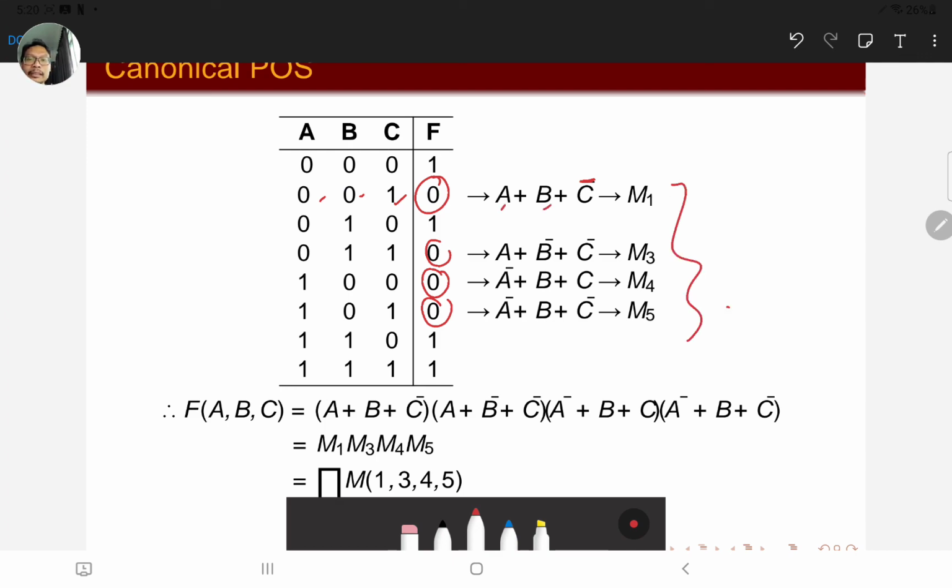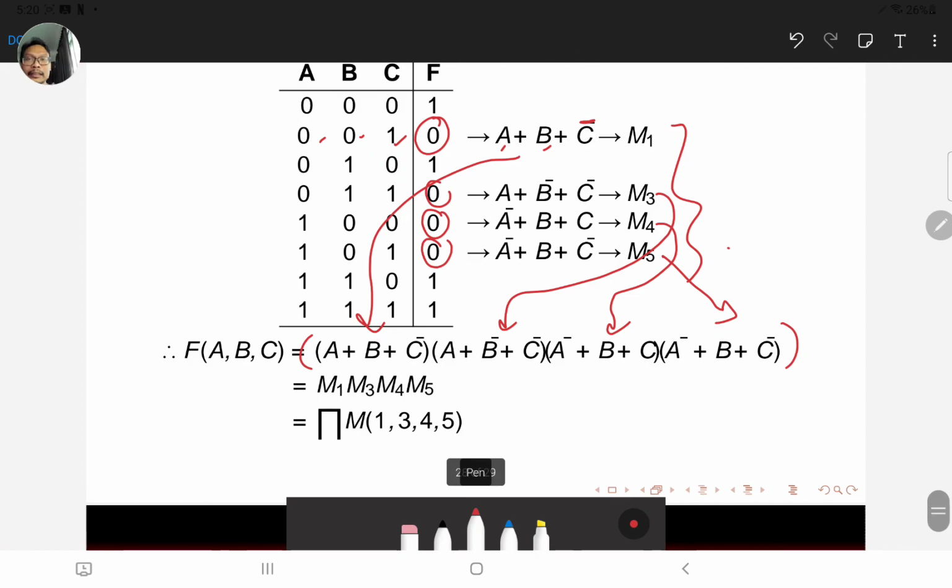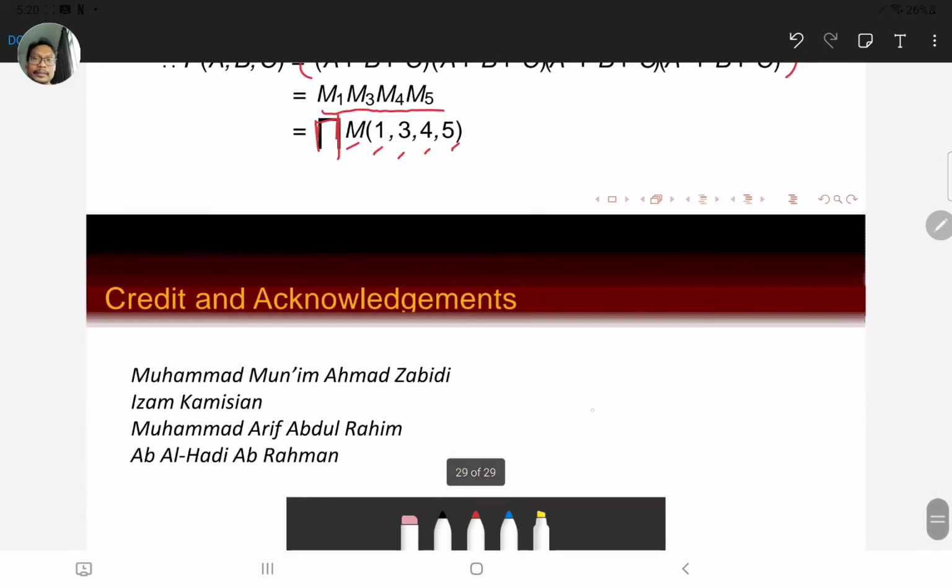We do the same here, and here we have the POS, with M3, M4, and M5 as well. In the end, we see that here is actually M1, M3, M4, M5. So we can do M1 dot M3 dot M4 dot M5, and put a product symbol, pi, of M1, 3, 4, and 5, for the max term representation.